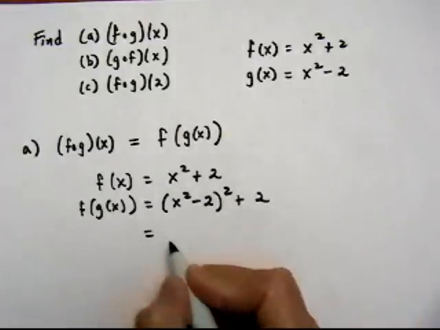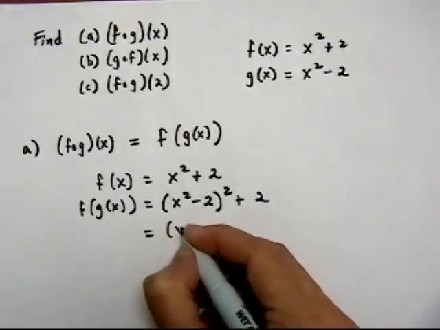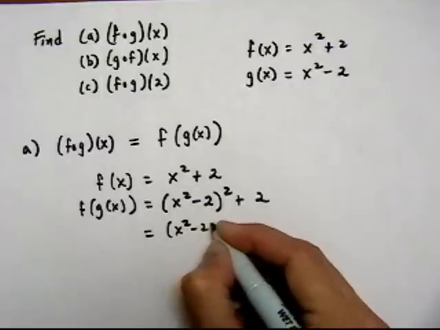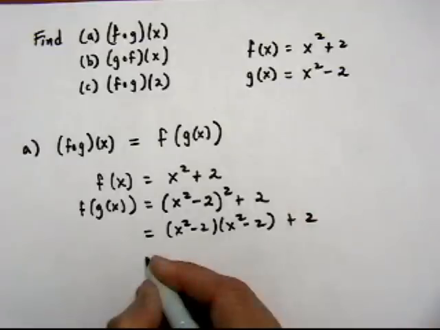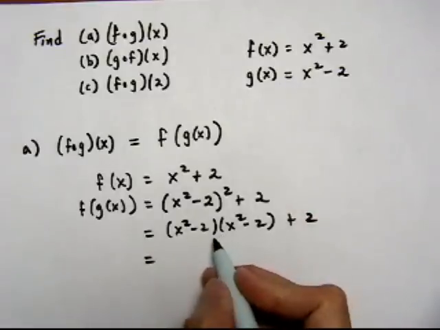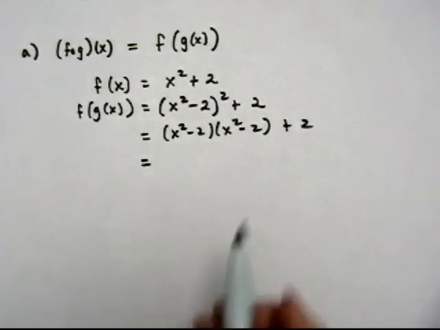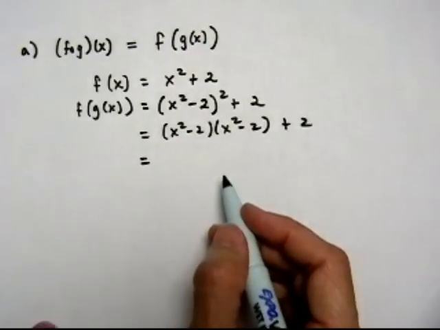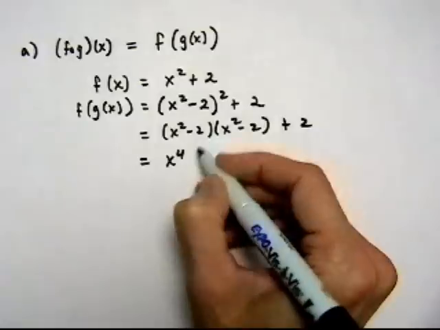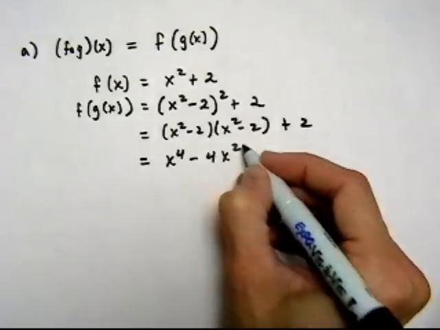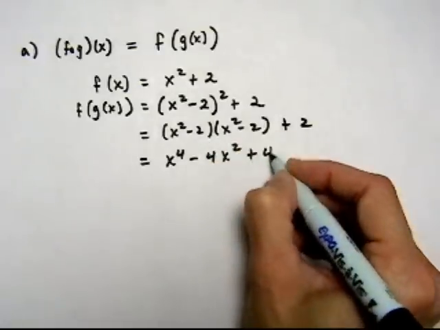And now we can simplify. So we're going to distribute x squared minus 2, x squared minus 2, bring down the plus 2. So multiplying out, we get x squared, or x to the 4th, minus 2x squared is minus 4x squared, and then plus 4.